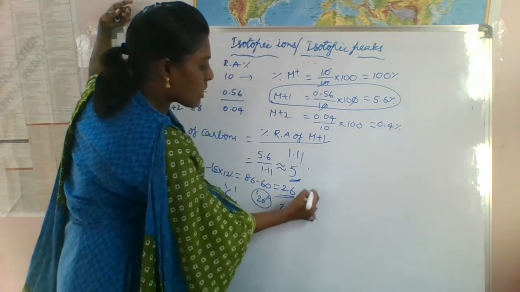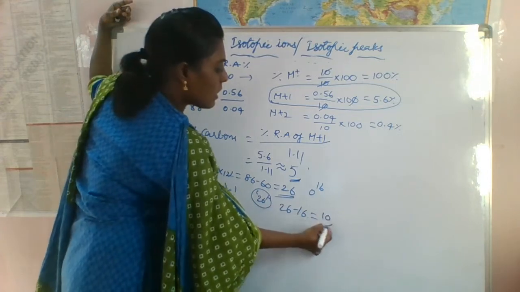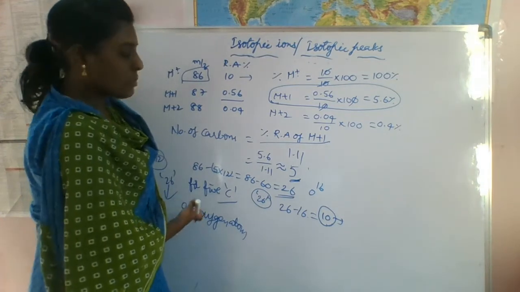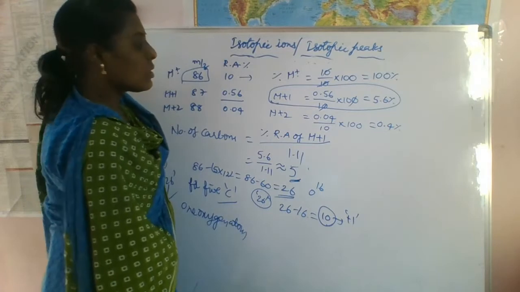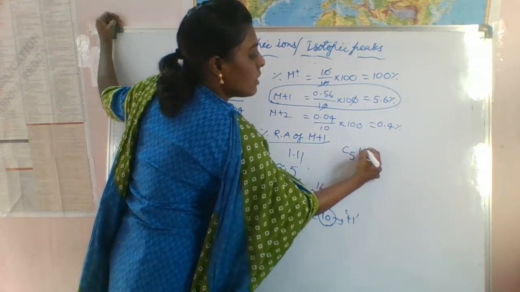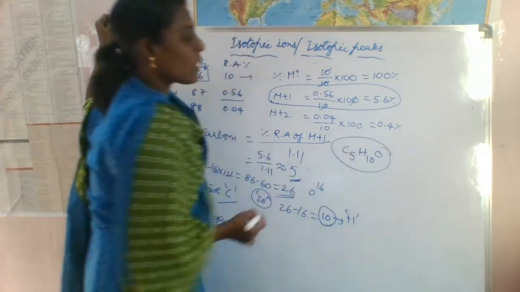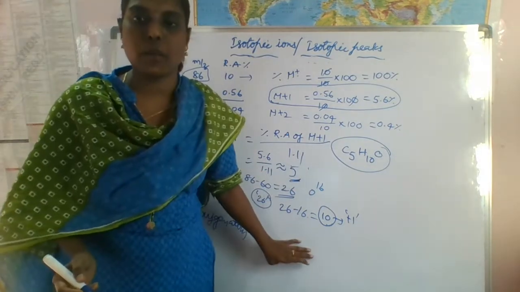So remaining 10 are possible for 5 carbon atoms. So that's why 10 hydrogens are present, right? So what is the molecular formula? C5H10O.